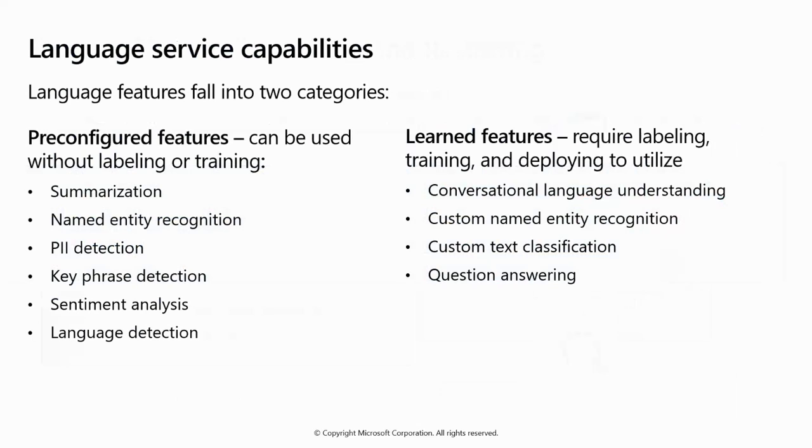We have then the question answering. The question answering is a feature that, for the most part, is already set up and gives answers to questions that are given as input. Documents like frequently asked questions or manuals have the information needed to answer these questions.